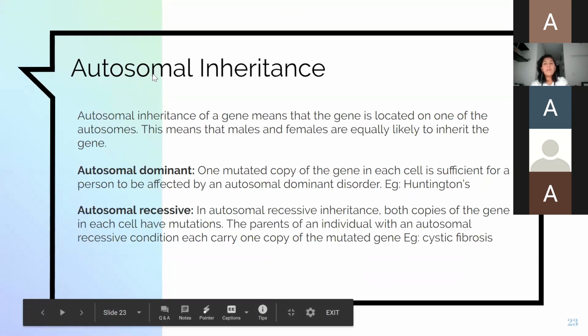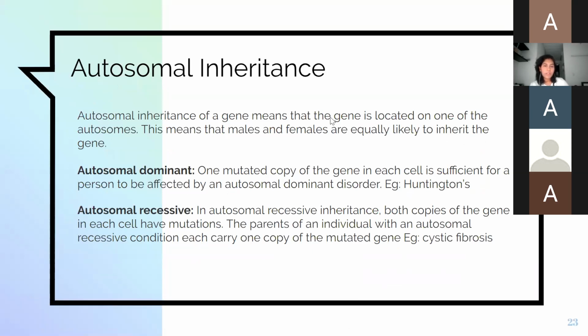Now, autosomal inheritance. Autosomal inheritance is when a gene that's expressed on an autosome is inherited during meiosis. With autosomal inheritance, males and females are equally likely to inherit a gene.